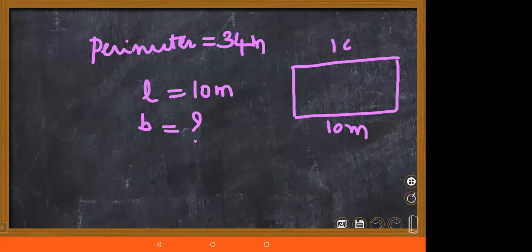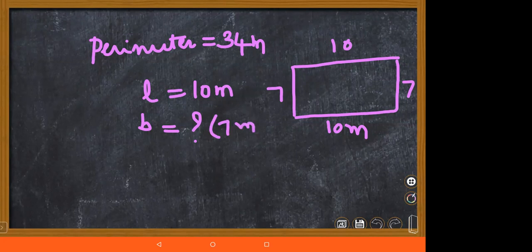If I take the opposite side 7, 7 plus 7 is 14. Very good, Ashwath, super. 7 meters. How are you getting it? Please help others.